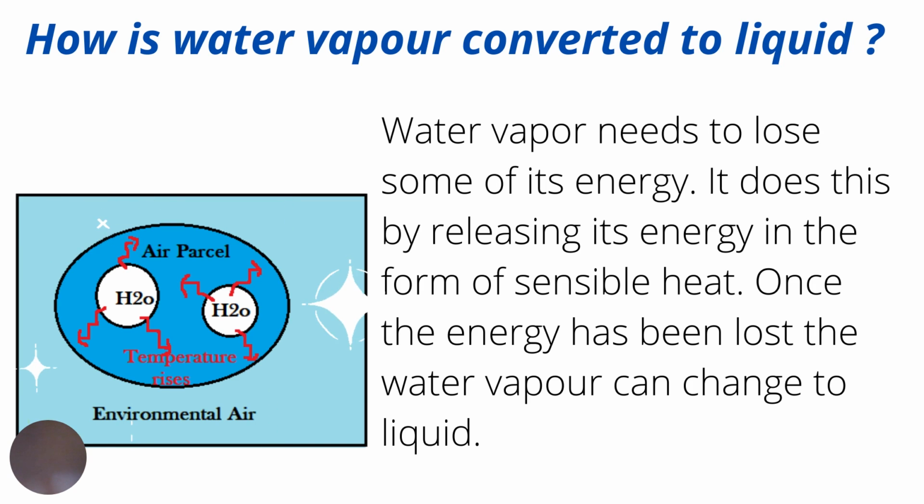Now, what happens during the process of condensation so that the water vapor changes to liquid? The water vapor will need to lose some of its energy in order to change from a gaseous state to a liquid state. It does this by releasing some of this energy, and it releases this energy by converting some of it to sensible heat.